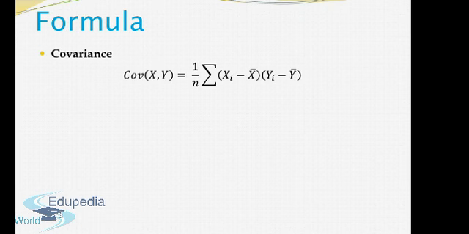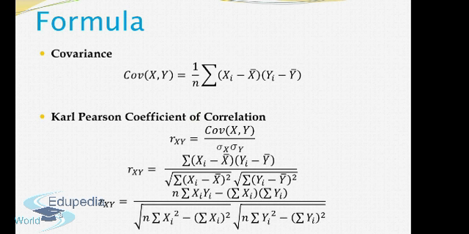The formula for covariance is 1 over n summation (xi minus x bar) times (yi minus y bar). And the formula to find the Karl Pearson's coefficient of correlation, the basic form of the formula is covariance of x comma y divided by the standard deviation of x into the standard deviation of y.